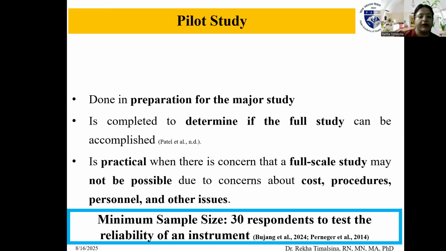And the minimum sample size should be 30 respondents to test the reliability of an instrument. So while doing a pilot study, we need to include at least 30 respondents if we are planning to calculate the reliability coefficient of an instrument.